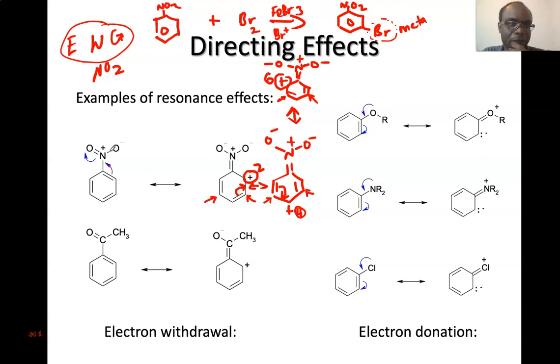It goes where the plus sign never ended up, which is position 3 and 5. And that's why electron withdrawing groups direct the incoming electrophiles like Br plus to the meta position, which is position 3 here. You could as well put it on position 5, it is still meta. Okay.